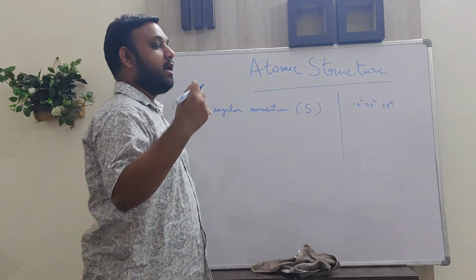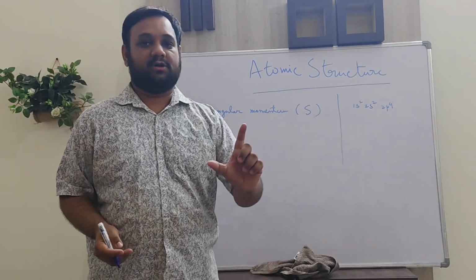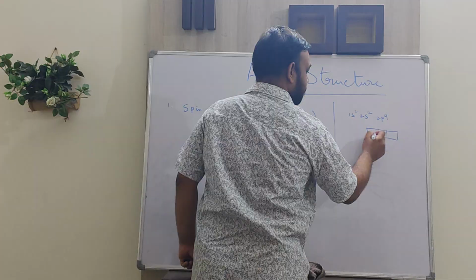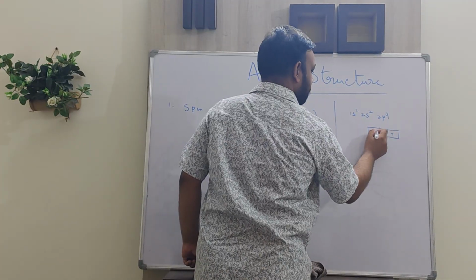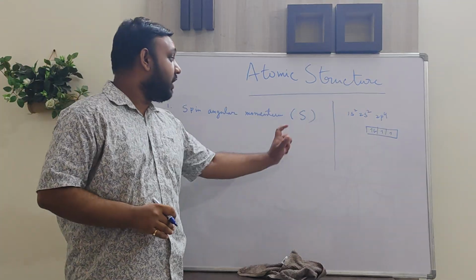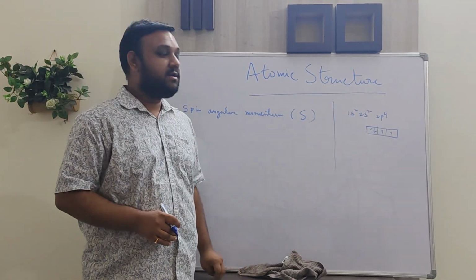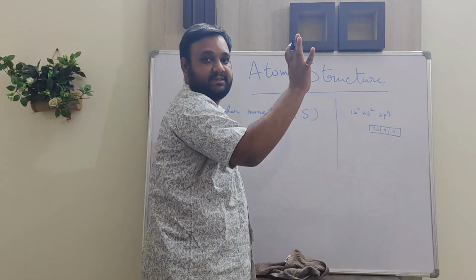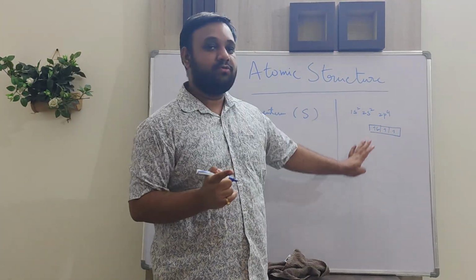That means in the outer shell there are 4 electrons. Let's draw it to make it more clear. 4 electrons. Now, can you guess what is the spin of these electrons? You can clearly see I have drawn 3 electrons upwards and 1 electron downwards.